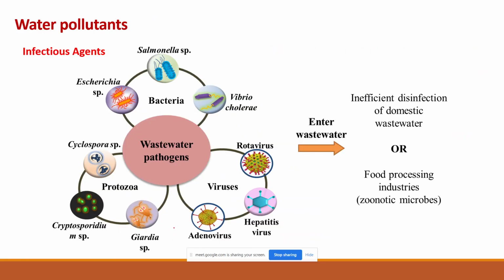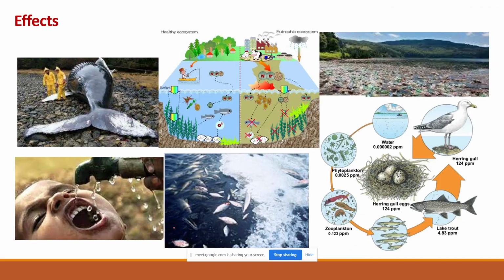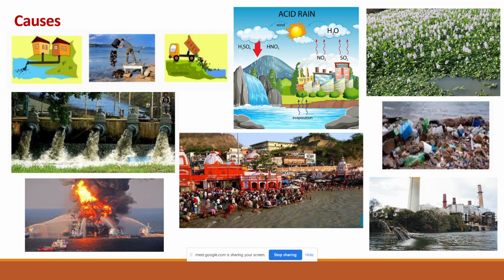Then again, we studied the infectious agents that are a kind of water pollutant and the different diseases, right? Towards the end, we studied the different causes of water pollution, like dumping of solid waste or wastewater, oil spills, or the religious activities that take place within the Indian subcontinent, right?